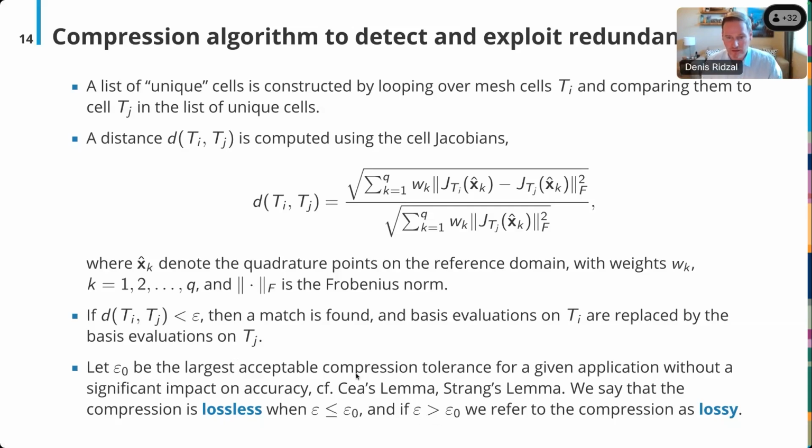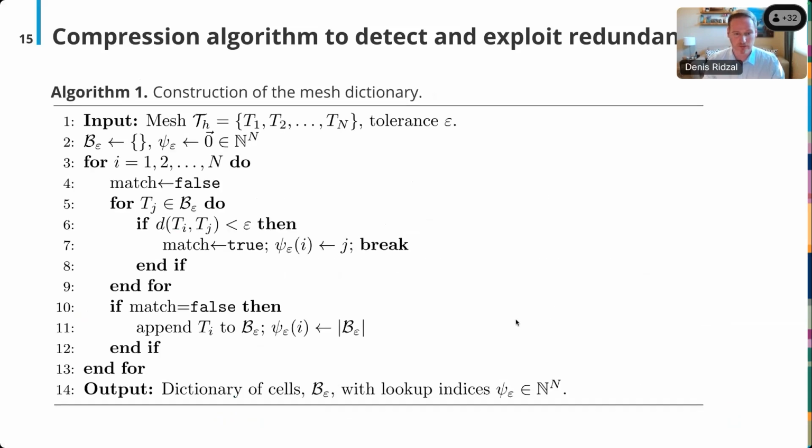And so we'll talk mostly about lossless compression for the remainder of the talk. That's sort of the hard case. The lossy compression is a little bit easier from the r-adaptivity point of view. That's why we'll hit on lossless. The compression algorithm is actually fairly simple, and I think this could be implemented in FEniCS or deal.II today.